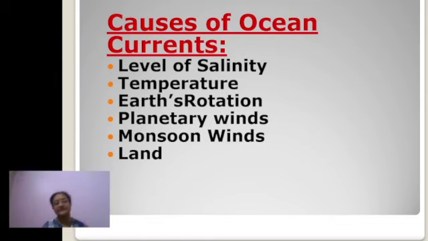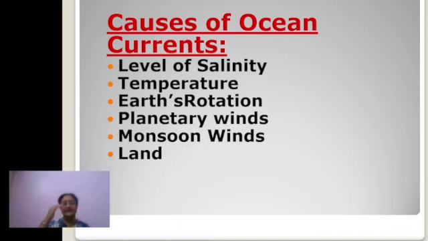Number two is temperature. Just like salinity, you'll find temperature also varies in different parts. As we discussed in the earlier part, warm ocean currents and cold ocean currents are currents which originate in different temperature zones. If the equatorial region is there, naturally any ocean current moving from the equatorial region will have comparatively high temperature.